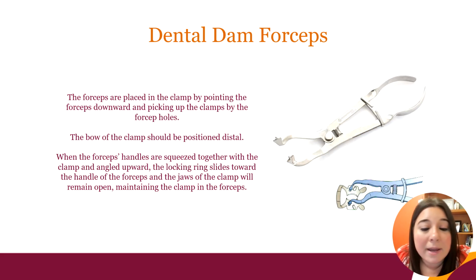And then when the forceps handles are squeezed together, the locking ring slides towards the handle, and the jaws of the clamp will remain open, maintaining the clamp and the forceps. So if you're trying to close the clamp again, you have to slide that little bar back up to the top in order to be able to close it.